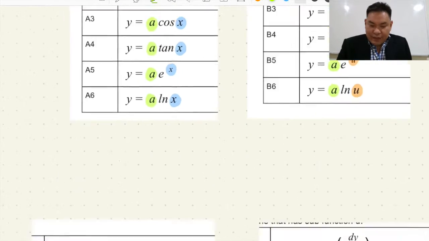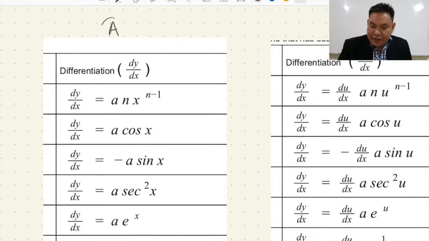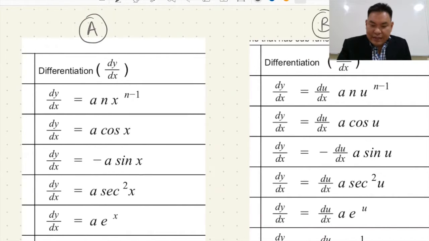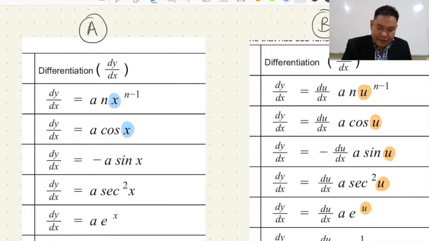Then the next one, if you are comparing dy dx for formula group A and B, on your left is formula group A, and on the right is formula group B. They are also very similar. Here I mark all the subfunction U with orange color, and all the variable x in A with blue color.